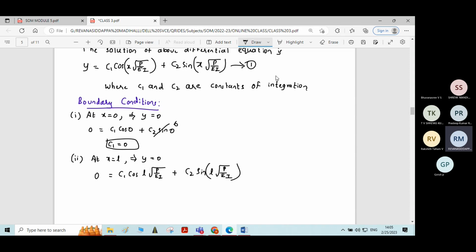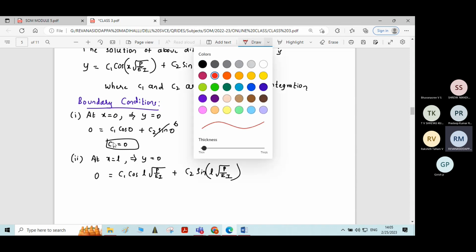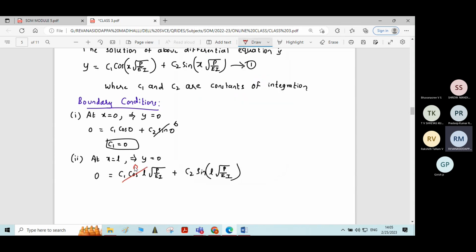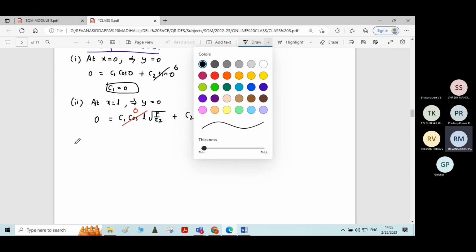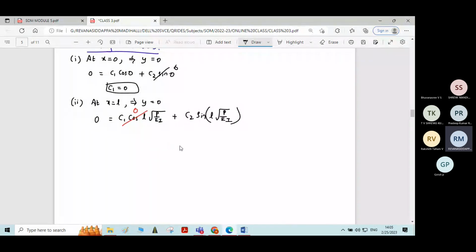Now we know the value of C1, correct? C1 equal to 0, so this term becomes 0 because the value of C1 equal to 0. Now the remaining term is C2 sin L root P by EI is equal to 0.